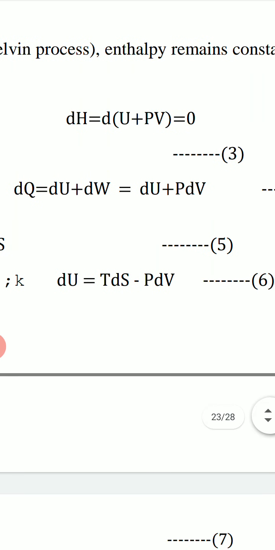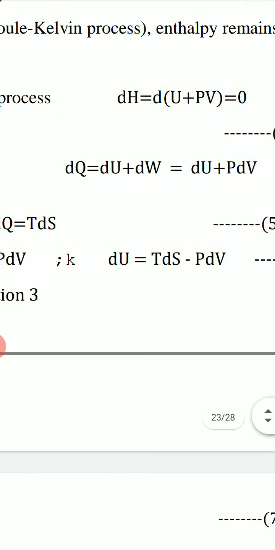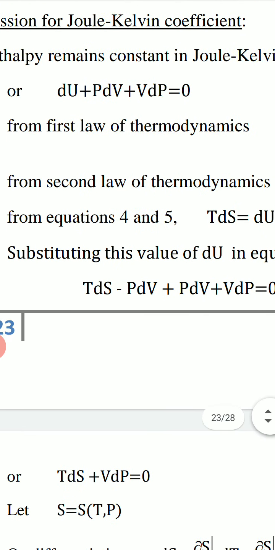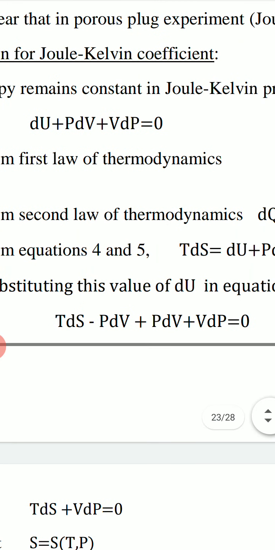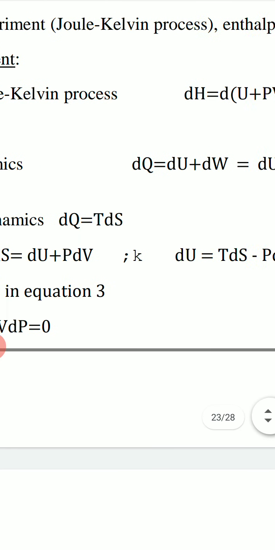So enthalpy H is constant, so its differentiation dH will be equal to 0. And H is U plus PV, so we have differentiation of U plus PV equal to 0. Now it becomes dU plus PdV plus VdP equal to 0.